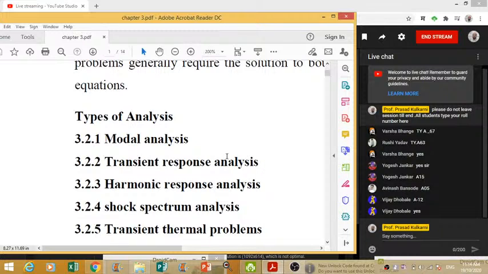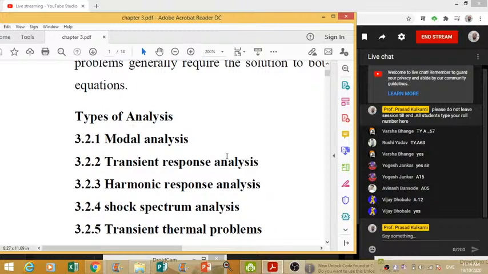Once again, I will repeat a few points. In types of analysis, we have to select a proper type of analysis in order to increase the accuracy of analysis in different softwares.